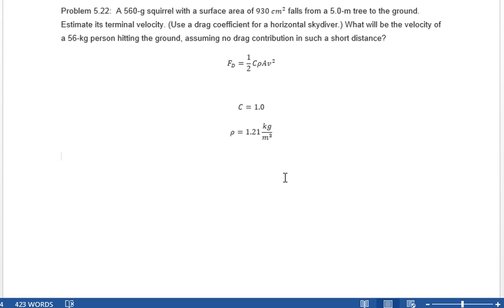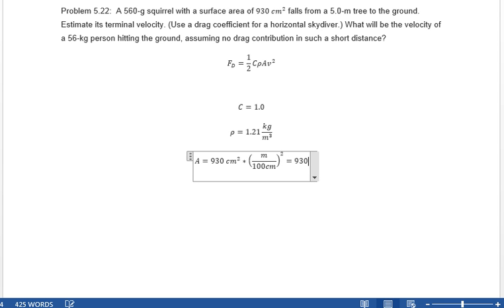Okay, the area. We need to convert units. We got 930 square centimeters, so we need to convert square centimeters to square meters. A meter per 100 centimeters, squared, gets us to square meters over square centimeters.